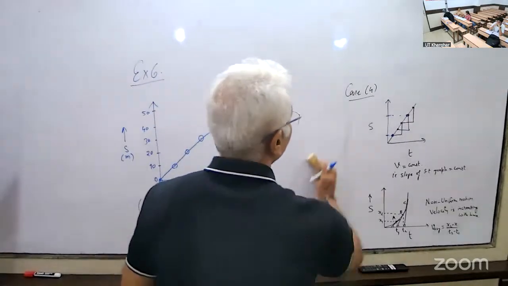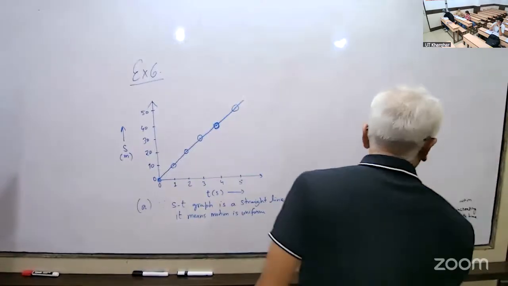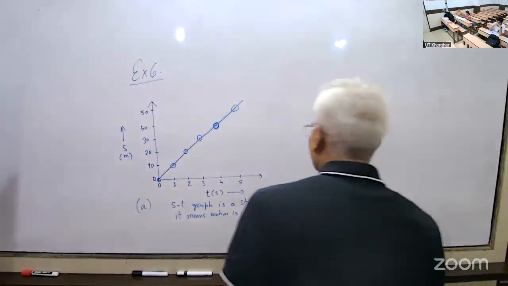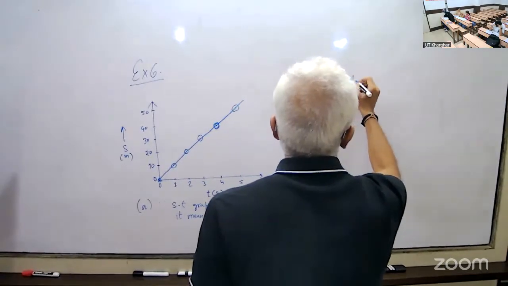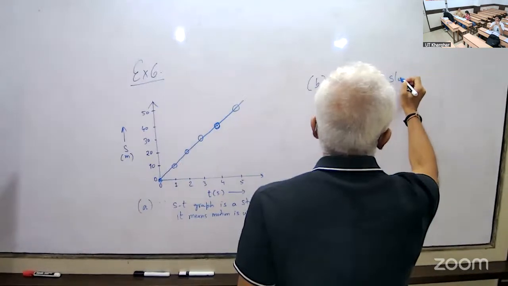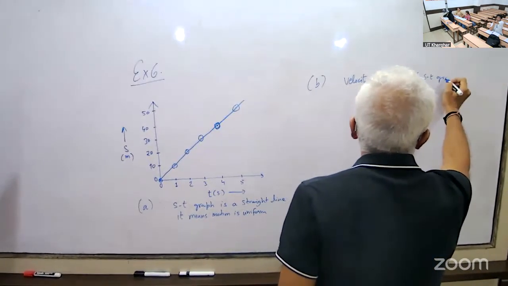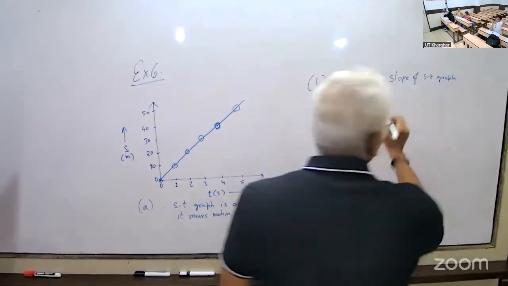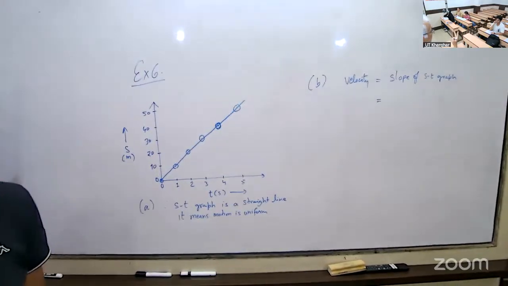How will you calculate the velocity? That is part B. So how do you calculate velocity? You calculate it by finding the slope. How do you find the slope? We select any 2 points. Okay?